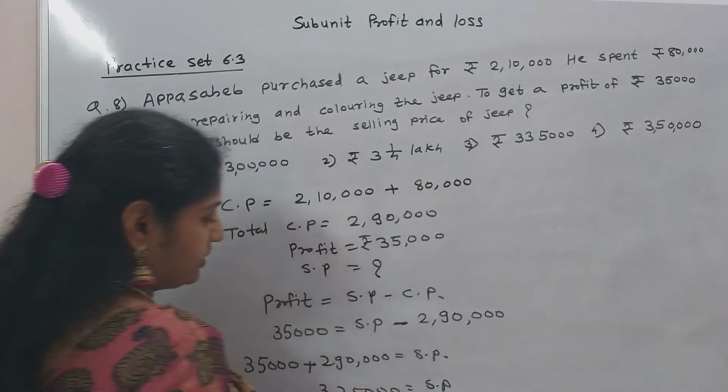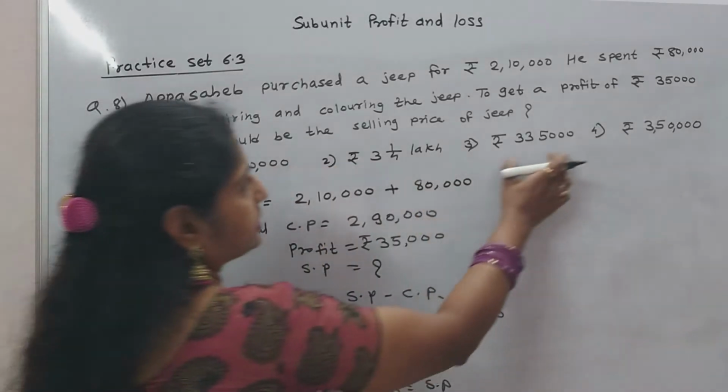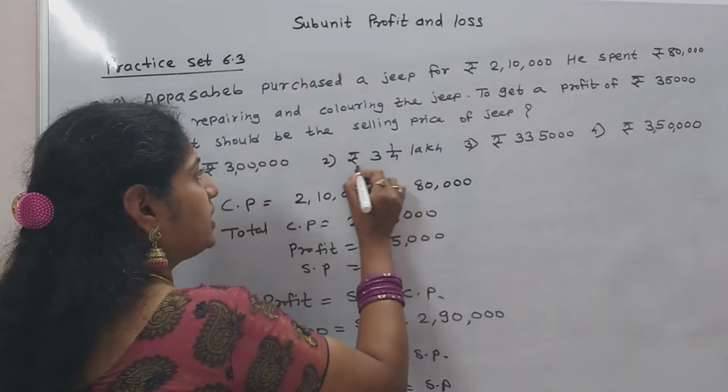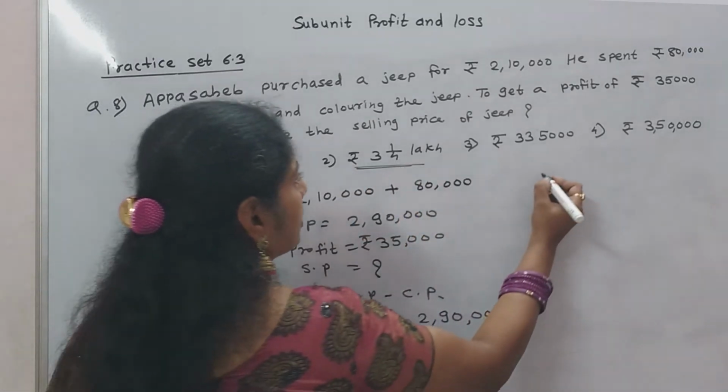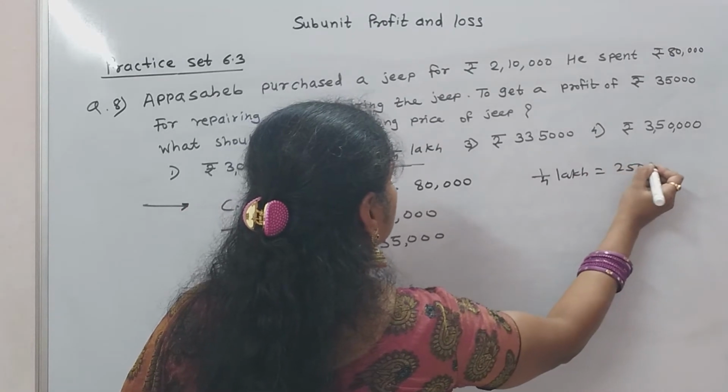There is not this number 3,25,000, there is 3,35,000, 3,50,000, but this option is correct because 1/4 lakh means 25,000.